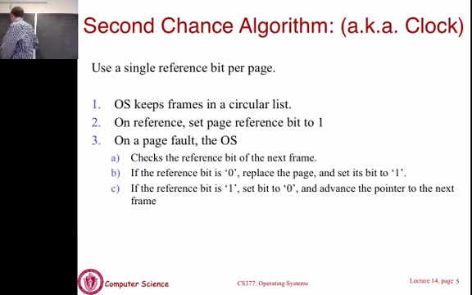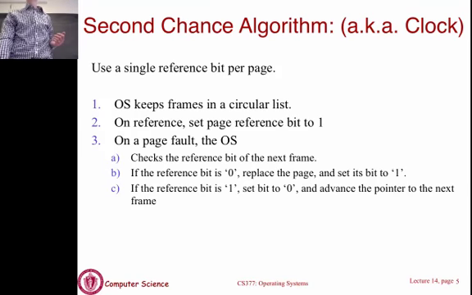Now, supposing this was a 1 to begin with, then we start here. This is a reference bit of 1, so that was recently used. So we're going to set that to 0, and then move to the next position. This is still a 1. Set that to 0. Move to the next position. This is a 1. So essentially, we're just going around, setting all the reference bits to 0, and as soon as we find a 0, then that's the page that we're going to pick.